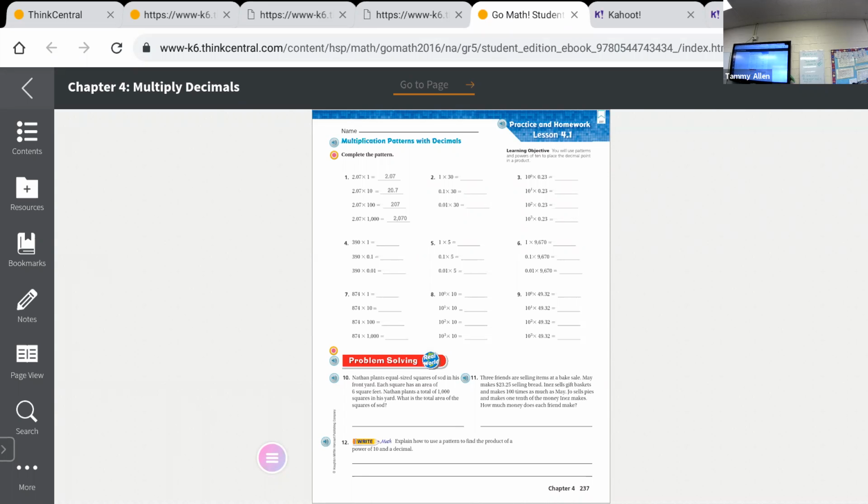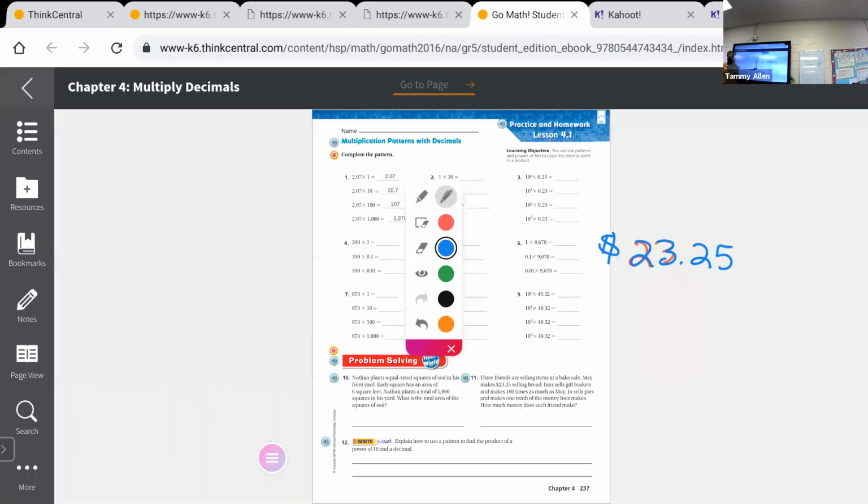Reasons are selling items at a bake sale. May makes $23.25 selling bread. Ines sells gift baskets, which makes 100 times as much as May. If it's 100 times as much as May, how do we figure out how much May made? And how do we figure out now how much Ines made?